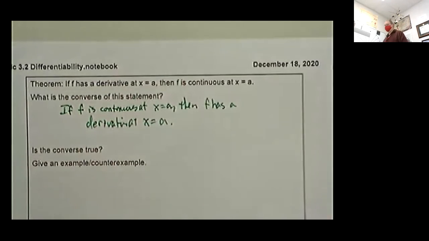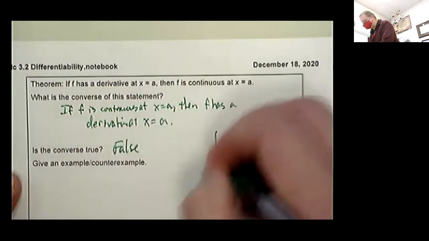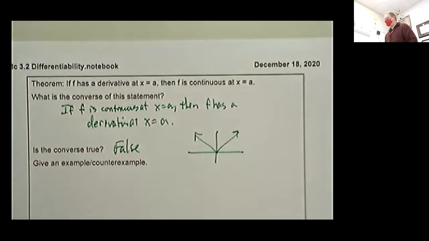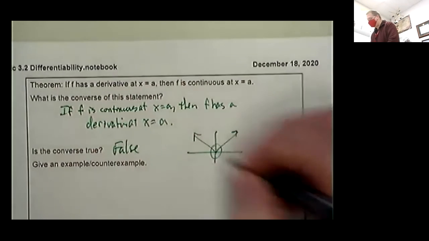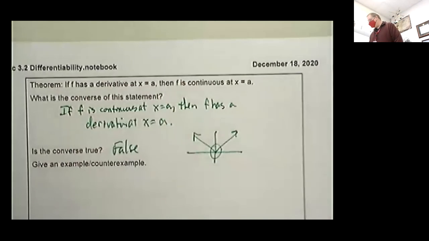Now, is that true or false? If f is continuous along the whole function, then that means it has a derivative everywhere across the whole function. Well, that's false. And we can think of an easy counterexample, because that's our absolute value function, right? There is no derivative at x equals 0. Even though it's continuous, there's not a derivative. So the theorem is true, but the converse is false.